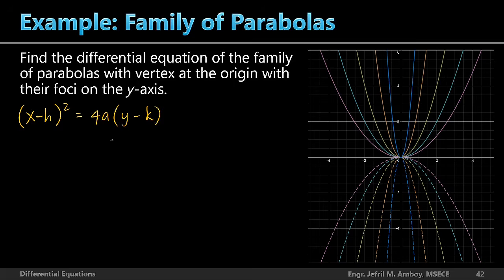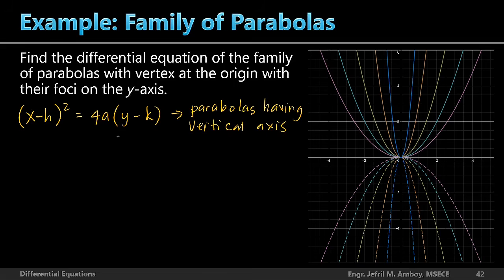So, kinakailangan po alam natin ang formula na ito. Again, this is the standard form or equation of parabolas having vertical axis. Okay. So, in this equation, we have how many parameters? h, a, and k. So, we have 3.